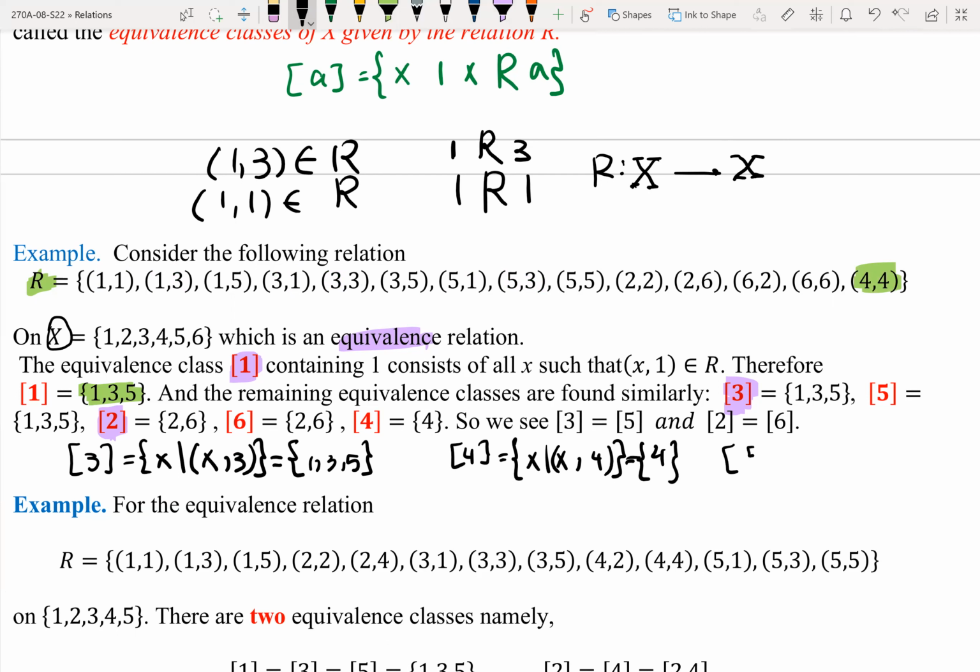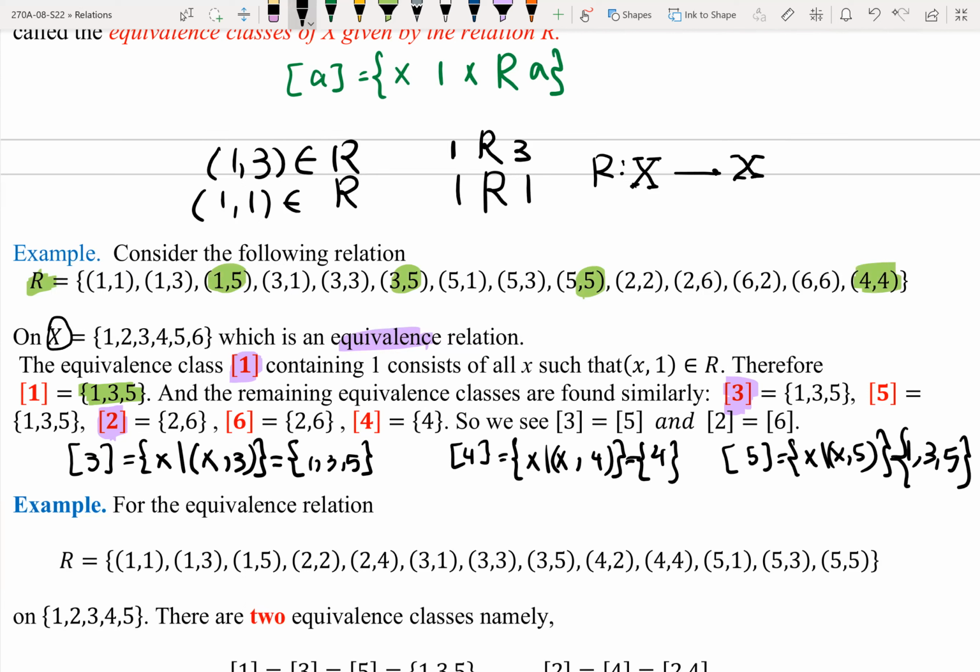And then the same thing for the 5, the same thing for the 6, right? I'm just writing the definition. That's the really key part. The second element, or the right side, has to be 5. And whichever numbers are related to 5 are here and here. So 1, 3, and 5.